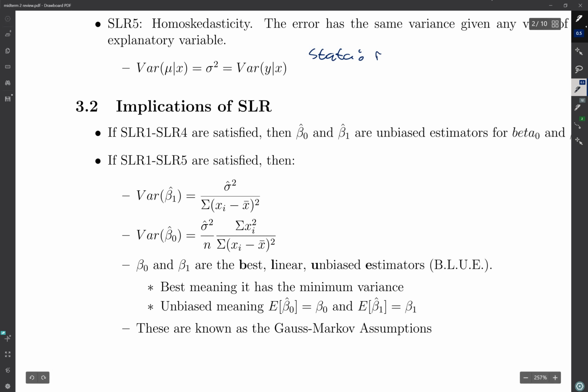We could say reg, whatever my y variable and x variables are, and then a comma, and after commas in Stata, remember we have options, and our option here could be robust. Okay, and that will give us heteroscedasticity-robust standard errors. So it's going to fix that problem.